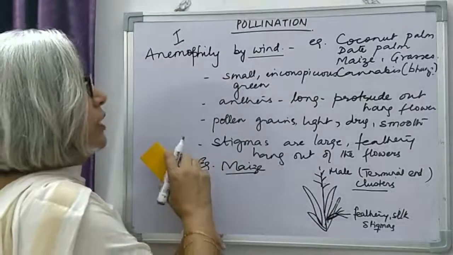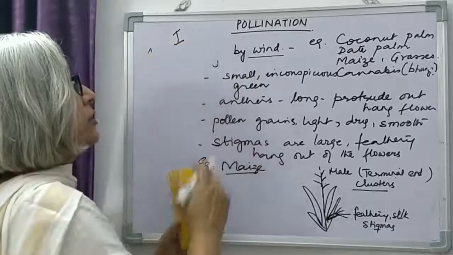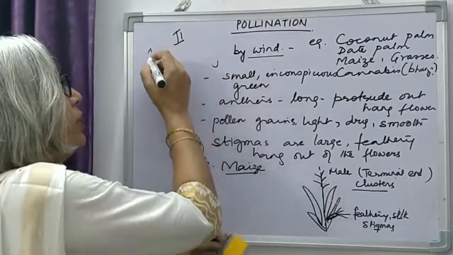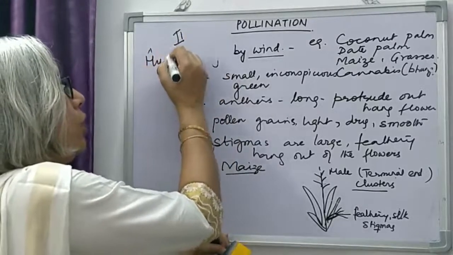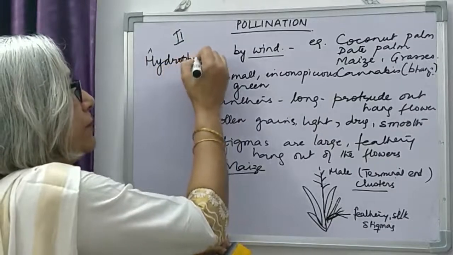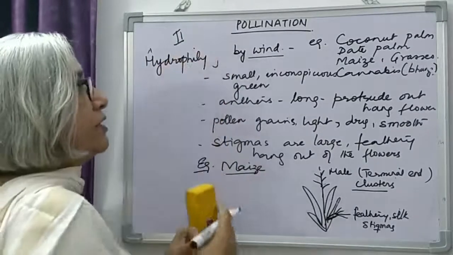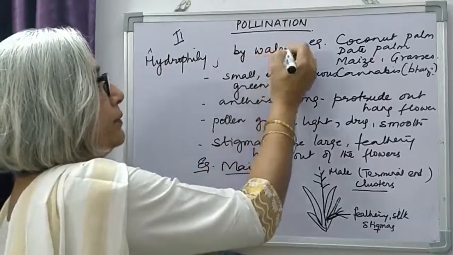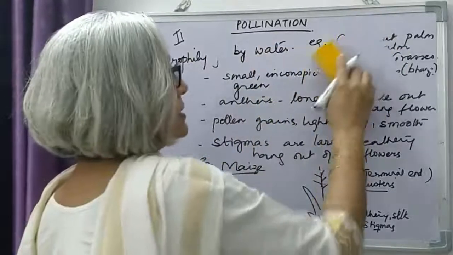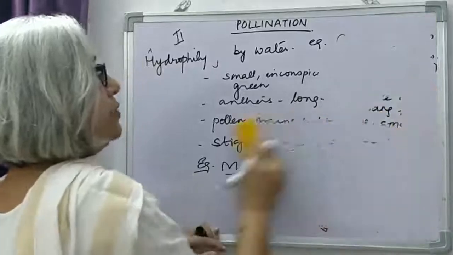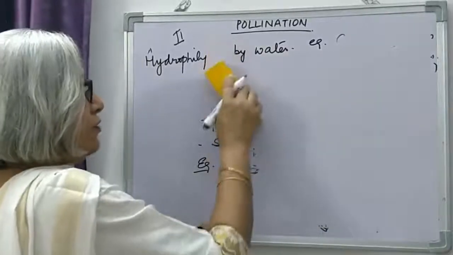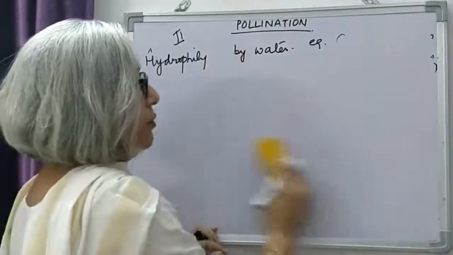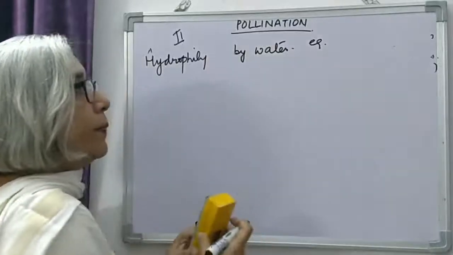Now we come to the next kind of pollination, the second kind of pollination, what we call hydrophily. As the term itself tells you, this is done by water. Now we will discuss the characteristics that we see in hydrophilous flowers that bring about pollination by water.